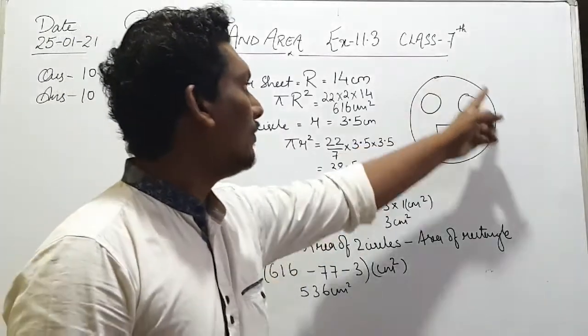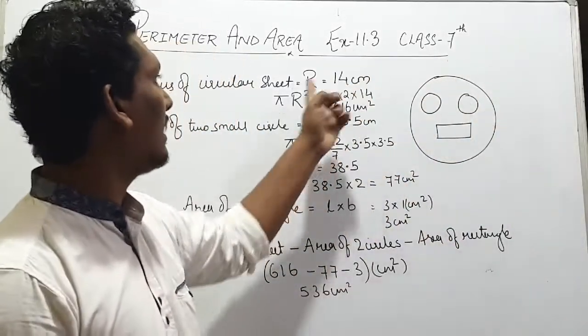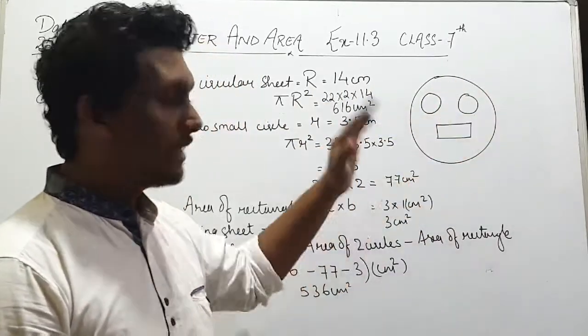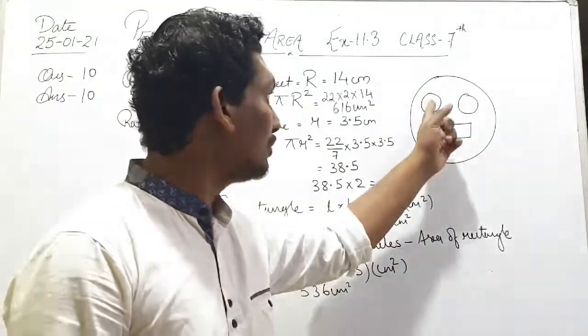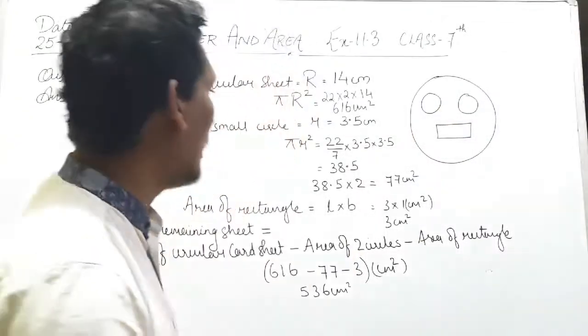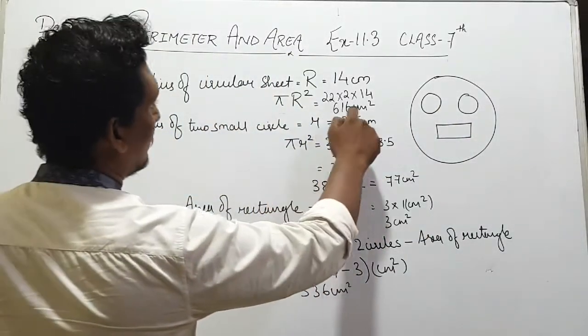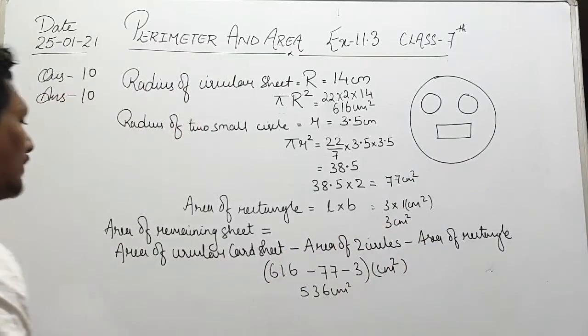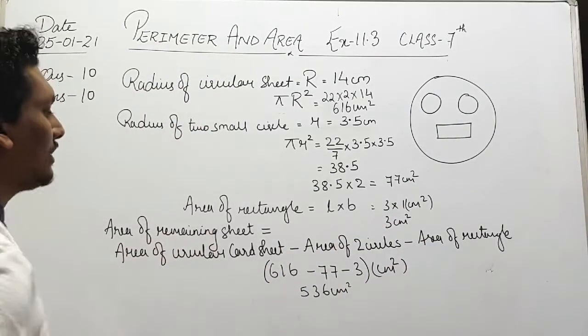Okay, so these are the three things we have to do in this question. The question is very simple. For the big circle, capital R, so pi R square for the bigger one. Same, pi r square for these two small circles, and for the rectangle area, that is length into breadth. After getting that 616, 77 and 3, we have to find the area of the remaining sheet.